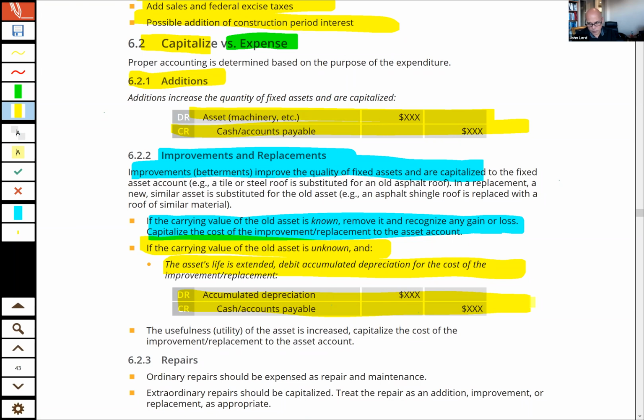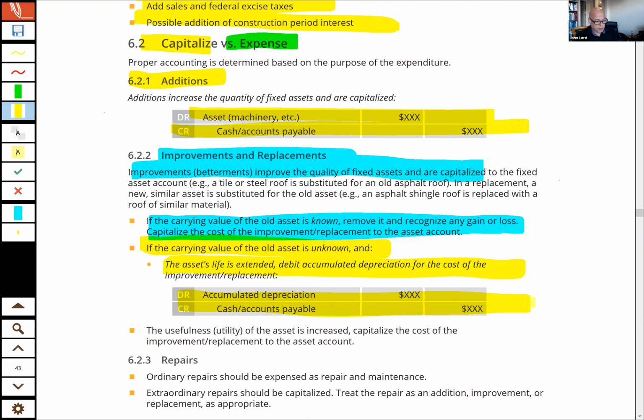The roof was there when I bought the building, and I paid $500,000. Now I've got to replace the roof. You pay $50,000 to replace the roof. I would argue that would probably extend the life of the building. So you would debit accumulated depreciation and credit cash for $50,000 in that example, because you extended the life of the building by replacing the roof, right?